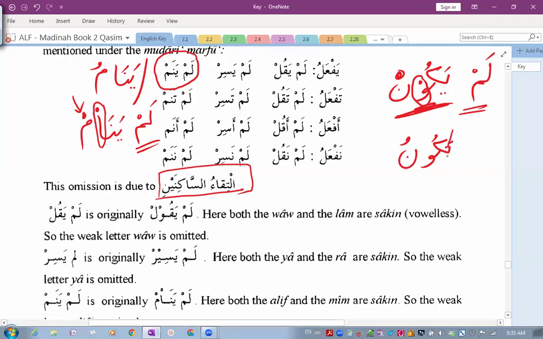We remove the harfu mudare, so ta got removed. We make it majzoom, so we give a sakoon to the noon. We are left with kaf with the dhamma, waw with the sakoon, and noon with the sakoon. Iltiqa'u sakinain is happening, so we must drop the weak letter with the sakoon. So we are left with kun.